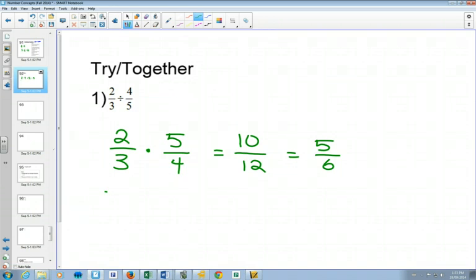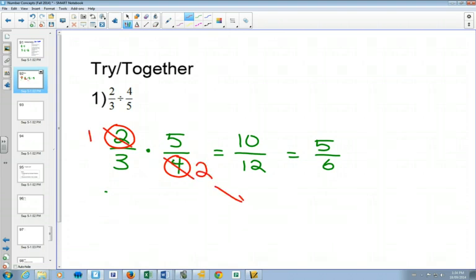Did anybody see this and say, Mr. JR, we can simplify on the diagonal there if we wanted to? Can you see the 2 and the 4? If you wanted to, we could have first said, I can simplify that 2 and 4. What could 2 over 4 simplify to? 1 over 2.